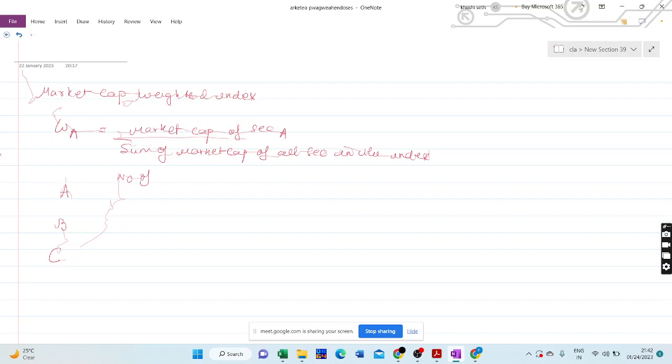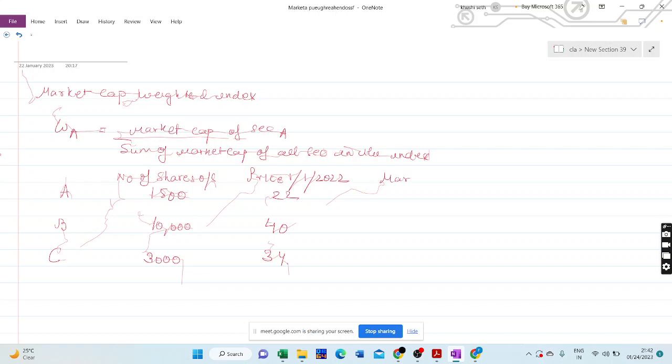Number of shares outstanding of stock A is 1500, stock B is 10,000, and stock C is 3000. Prices as on 1st January 2022 are as follows: price of stock A is 22, price of stock B is 40 and price of stock C is 34.